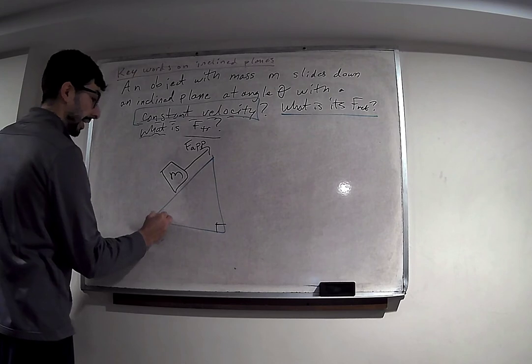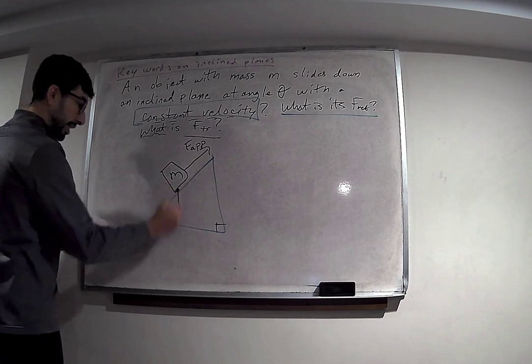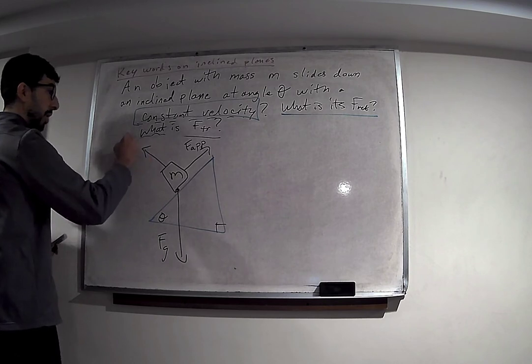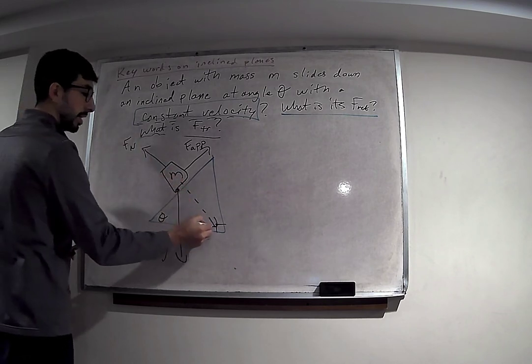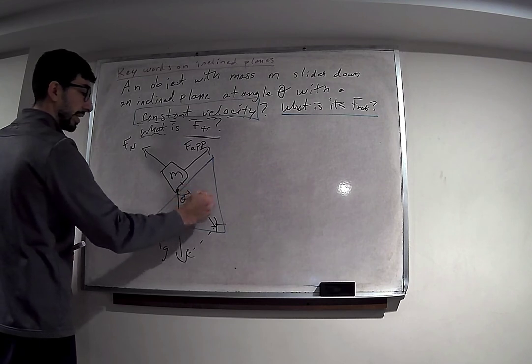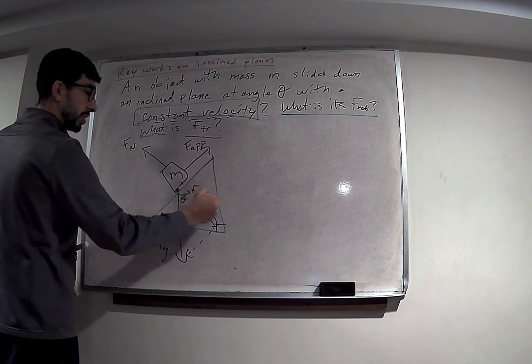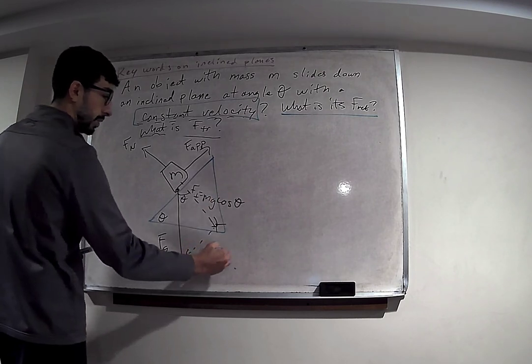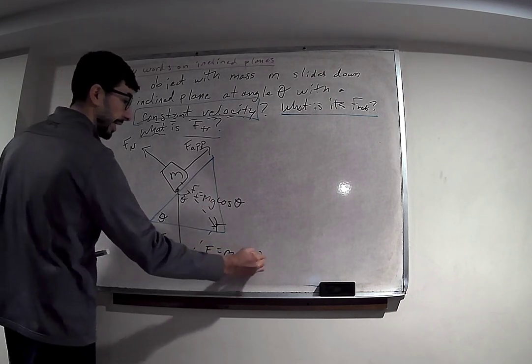We still have our angle of theta, we have our gravitational force downwards, we have our normal force out, and we have our two angles here separating this. So this is going to be our force perpendicular, which is mg cosine of theta, and our parallel, which is mg sine of theta.